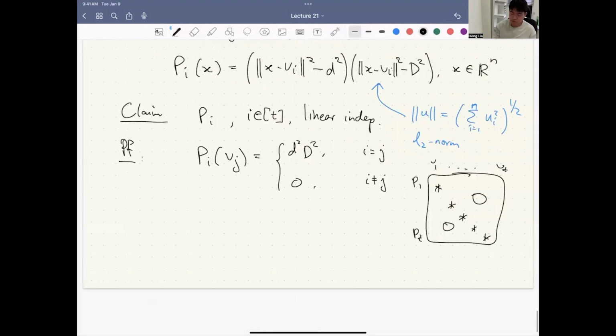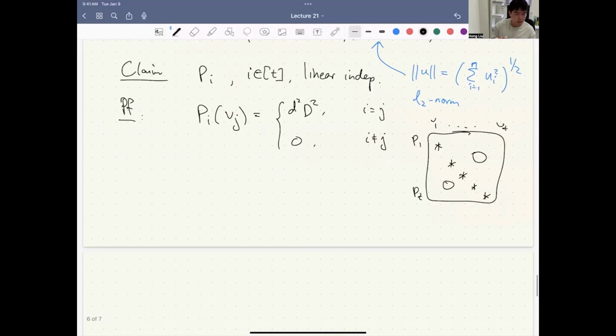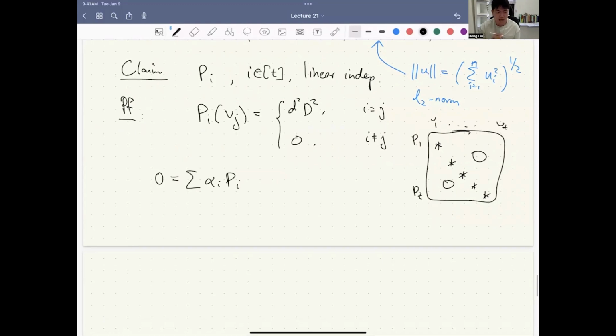Let's prove it. If you have a linear dependence, let's say the sum of alpha i Pi equals 0, then you plug in vj for every j in t: 0 equals the sum over i of alpha i Pi of vj.